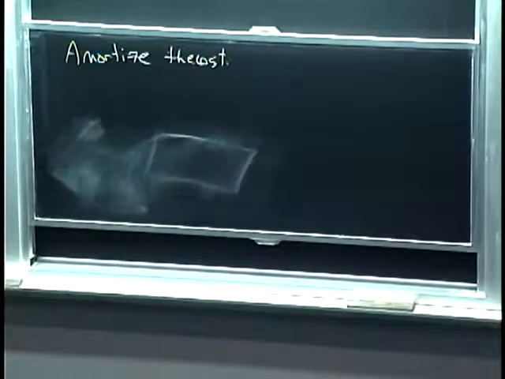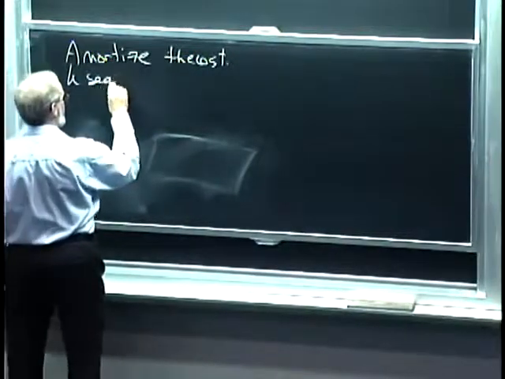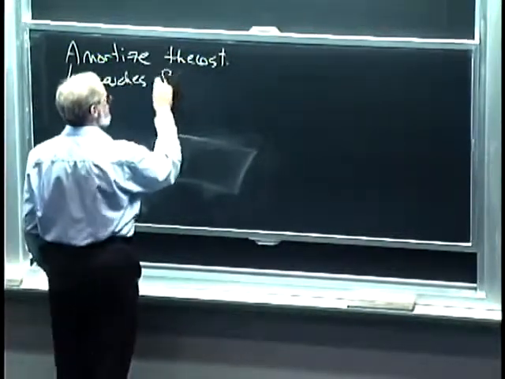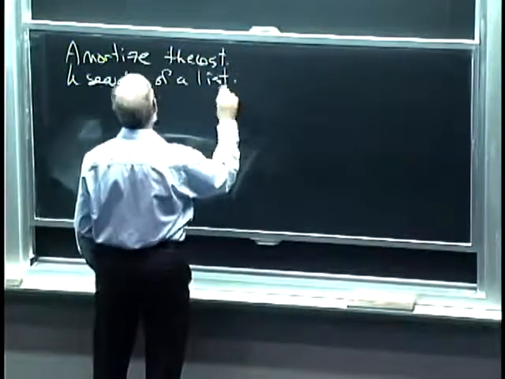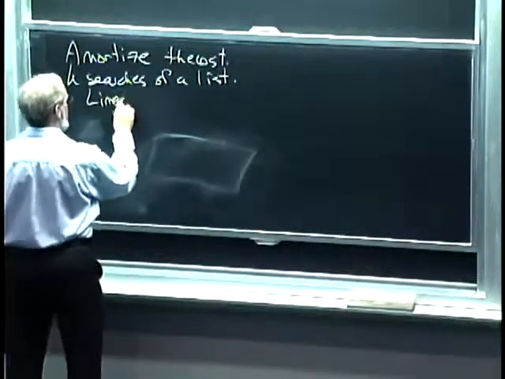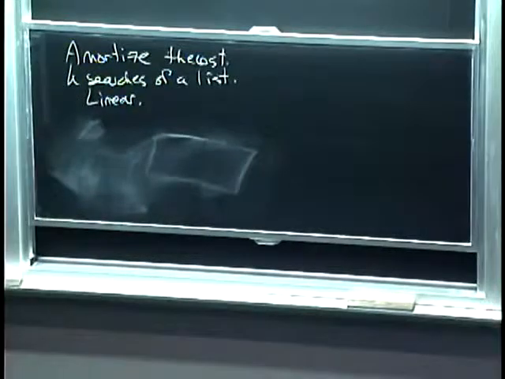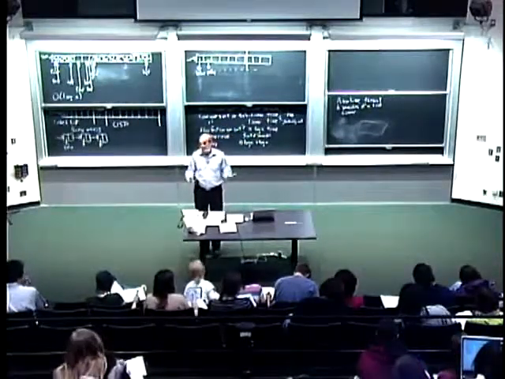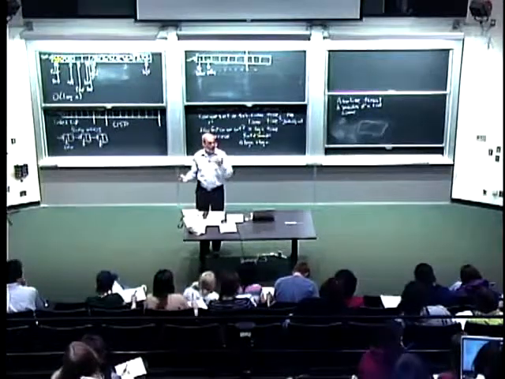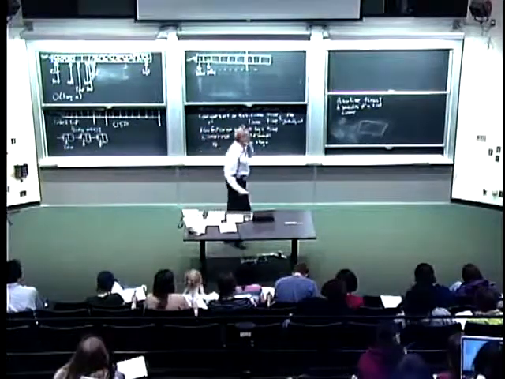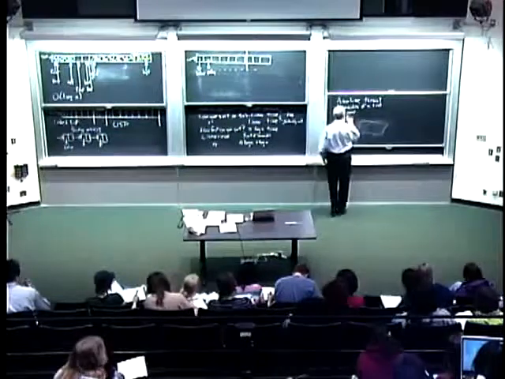It says, let's assume I want to do k searches of a list. In the linear case, meaning in the unsorted case, what's the complexity of this? K times n, right? Order n to do the search, and I've got to do it k times, so this would be k times n.